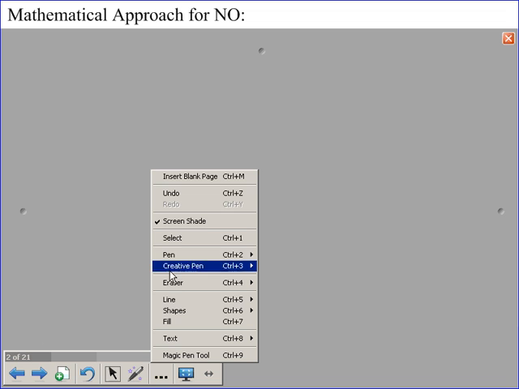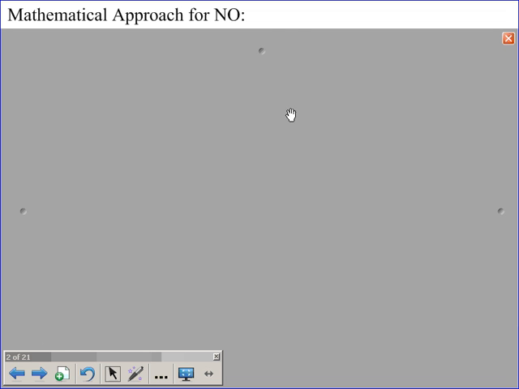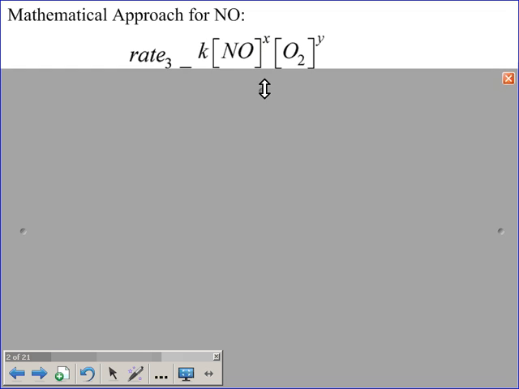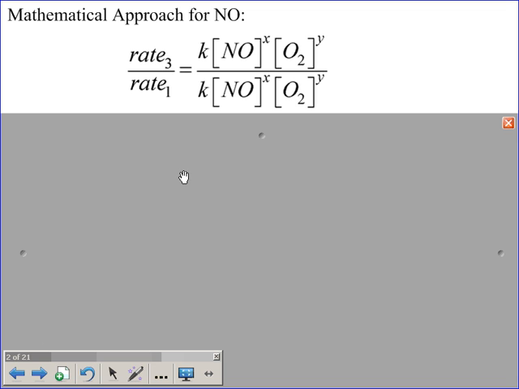But there's also a mathematical approach, where we make those comparisons mathematically. I'm still using the same ones I did before, rate 3 versus rate 1.